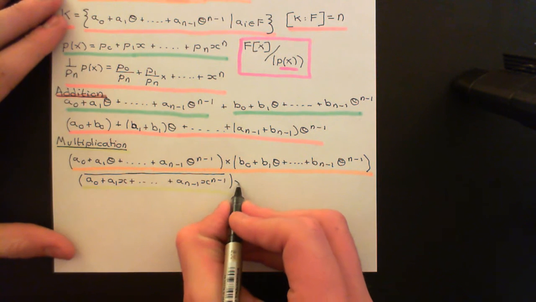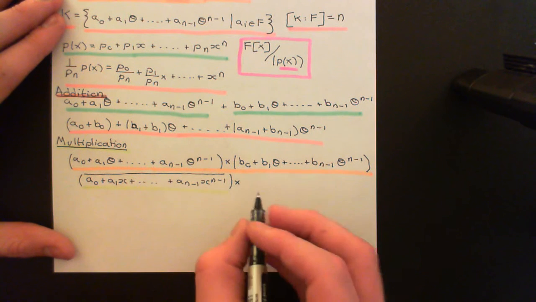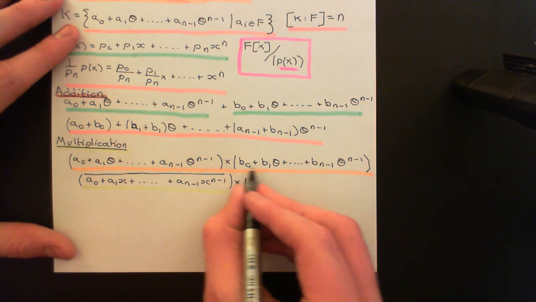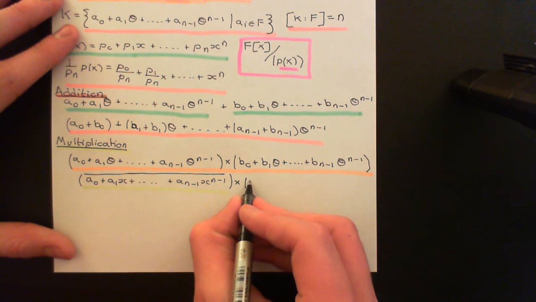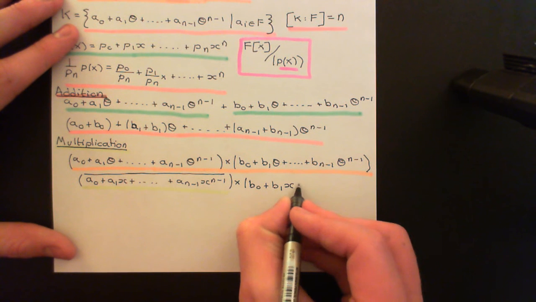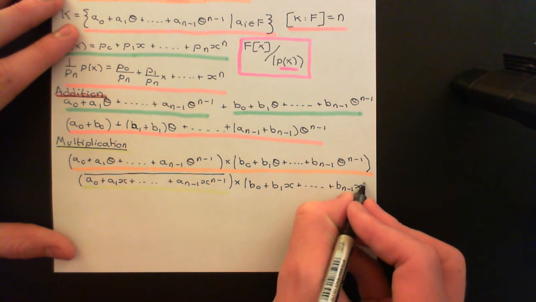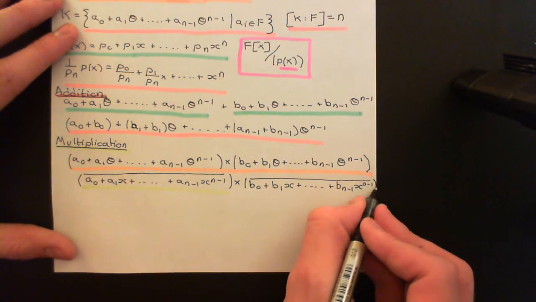Okay, and we are now multiplying this coset in the field extension capital K, or the quotient ring if you'd rather view it that way, with this element here, which of course will just be the coset that contains the polynomial b0 plus b1x plus all the way up to b_{n-1}x to the n minus 1, like so. So I'll put a big bar over the top there.